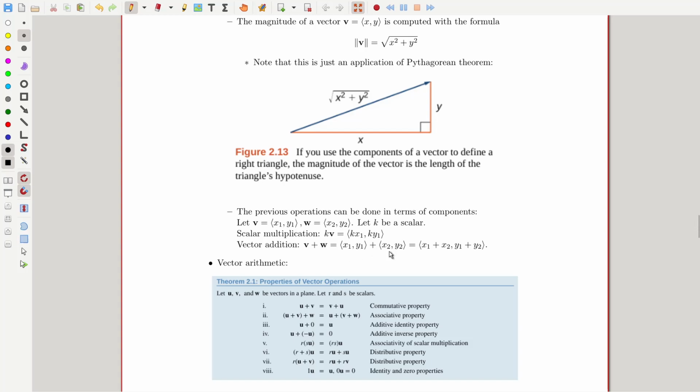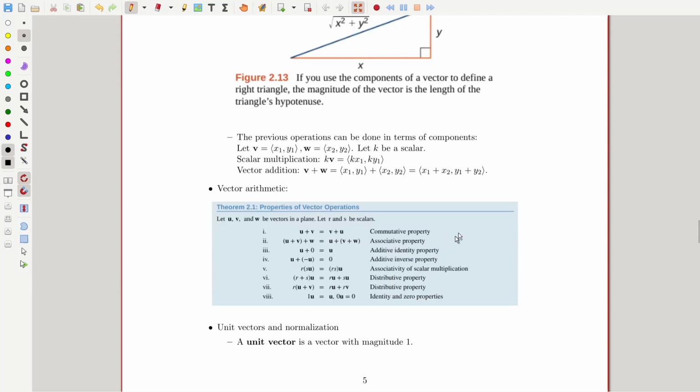You add the x components, you add the y components, and that's the resulting vector. So it's quite easy to do compared to geometrically. And subtraction, you can imagine, is the combination of these two things, or you just subtract component-wise.